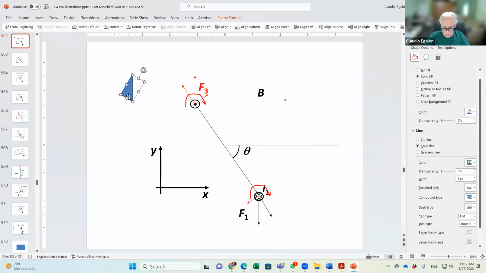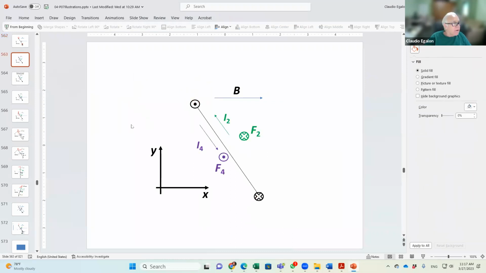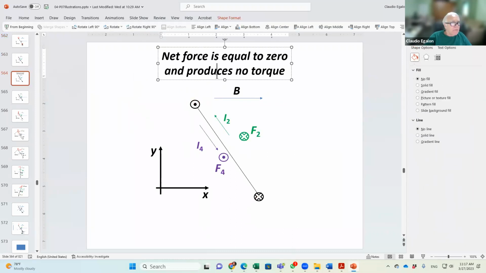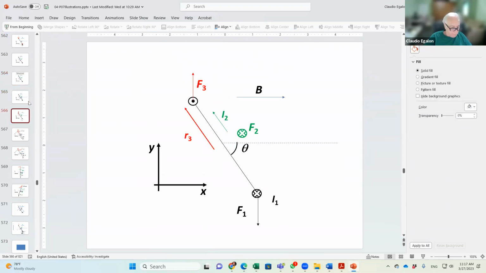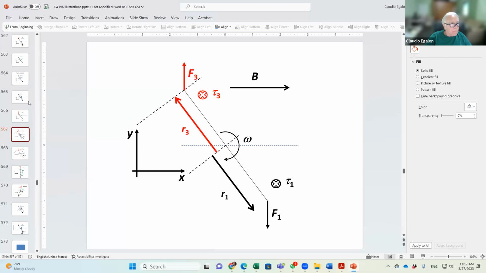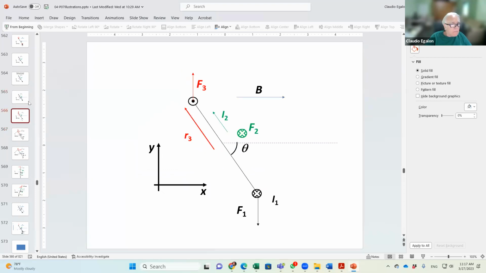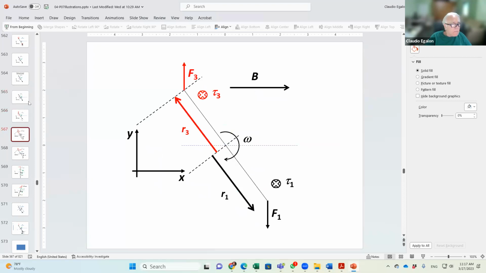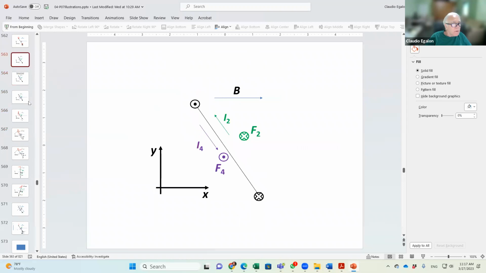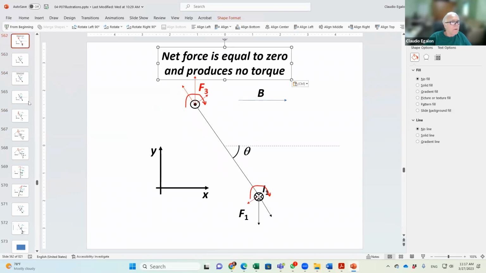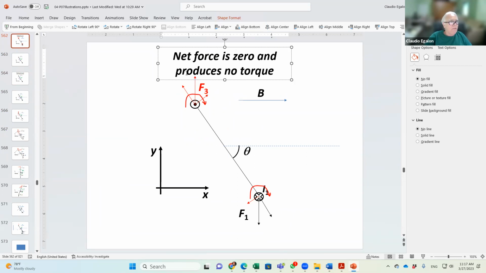Net force is 0. However, the torque is greater than 0.